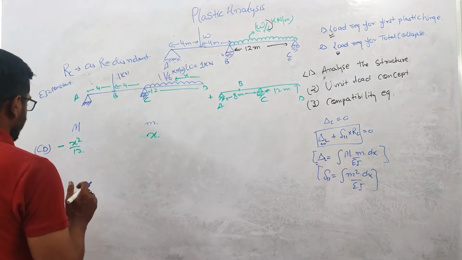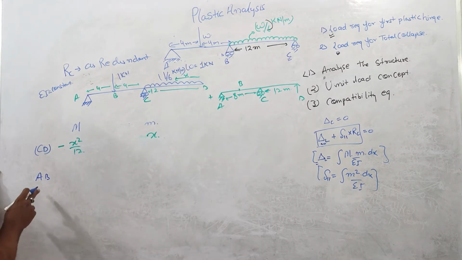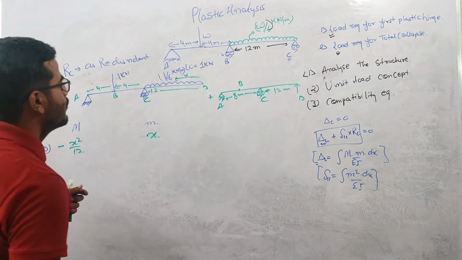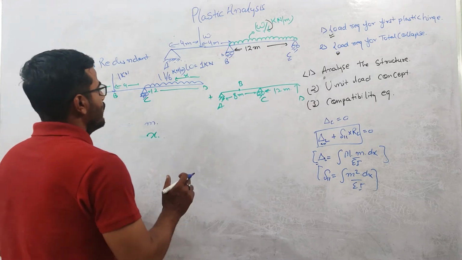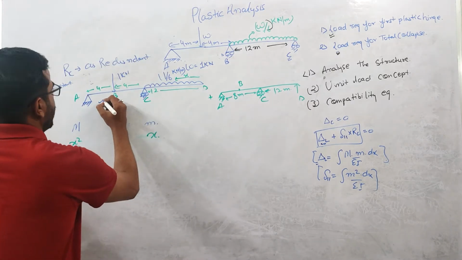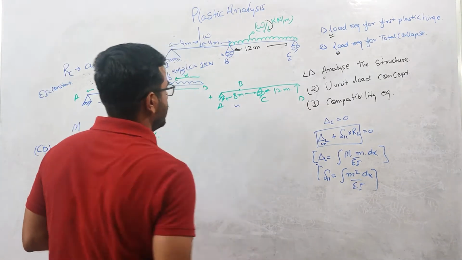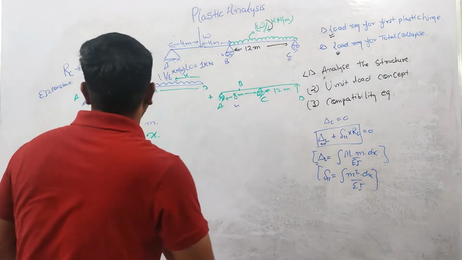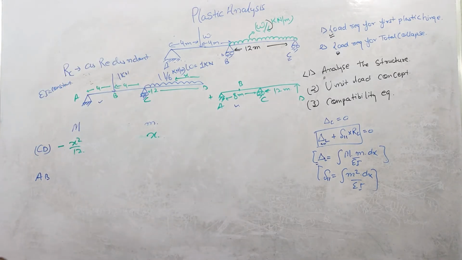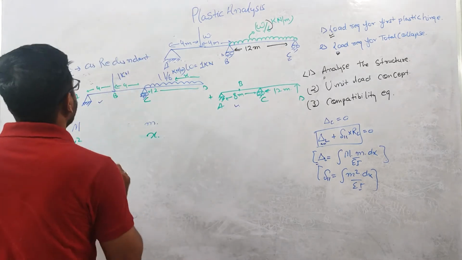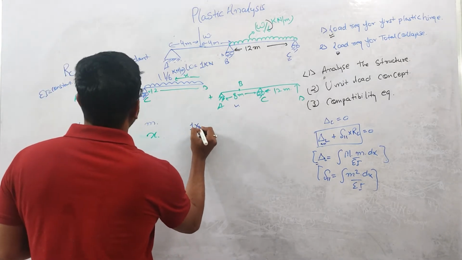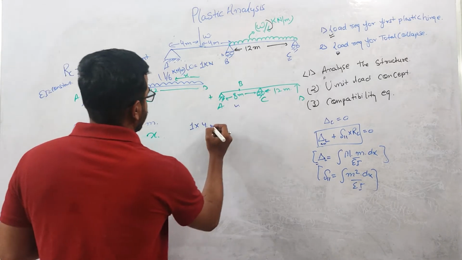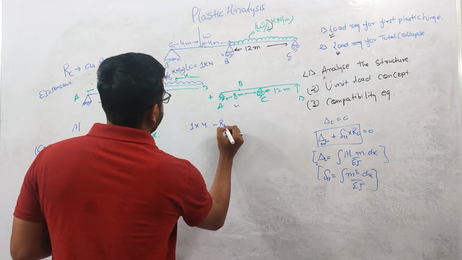Okay, and for the AB portion, we need to analyze first this part, and then we need to analyze this part, right? So if you analyze this, take moment about point A. So I can write 1 into 4, okay, minus RC.